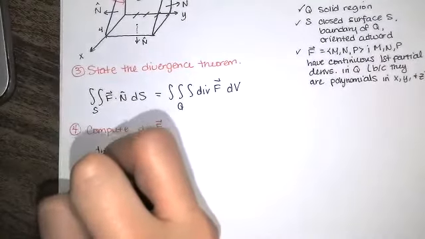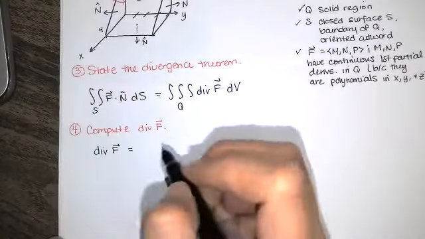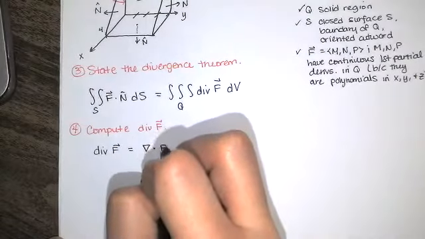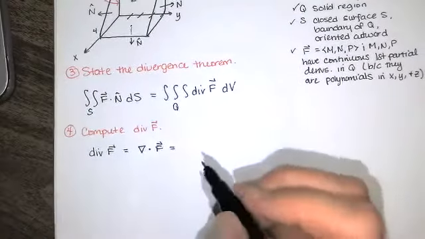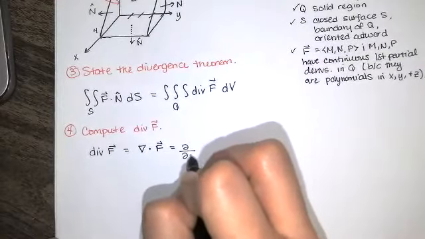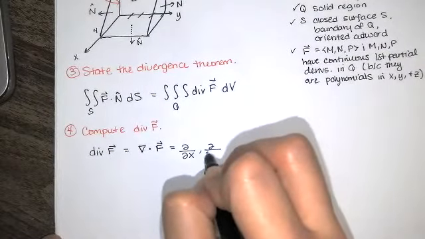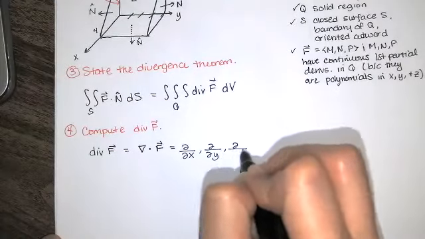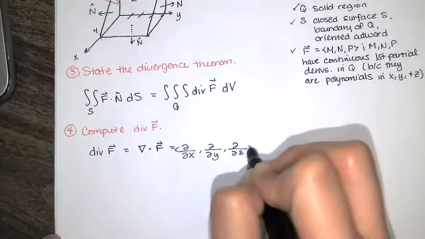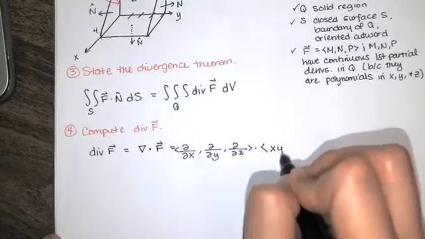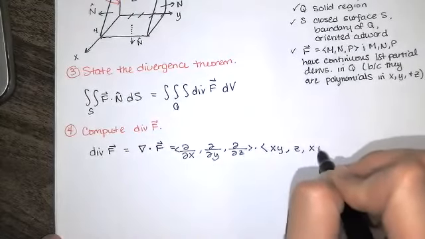So the divergence of F, we can think of that as the dot product with the del operator. So here's my operator. I'm dotting that with x, y, z, and x plus y.